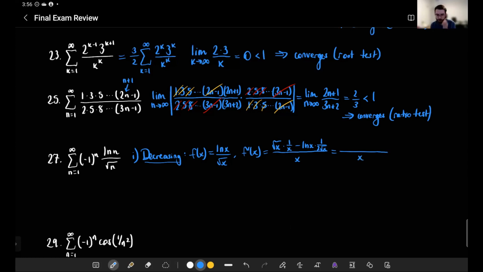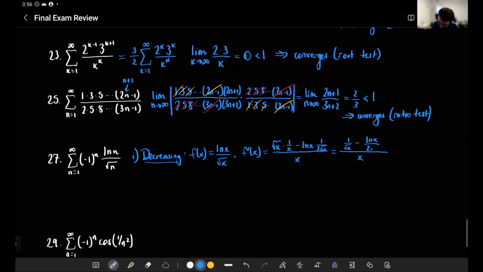Let's focus on the numerator. Square root of x times 1 over x. Well, x is root x times itself. So I guess one of the root x's cancel, and you're left with 1 over root x. And then here, I guess I could put the natural log up top. You can even put the 2 up top. Well, anyway, I'll do that in a second.